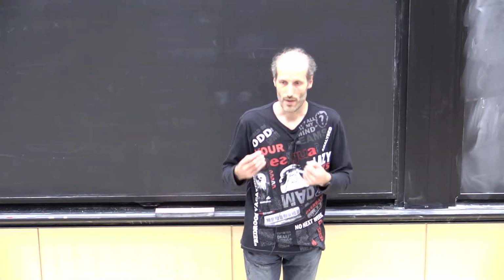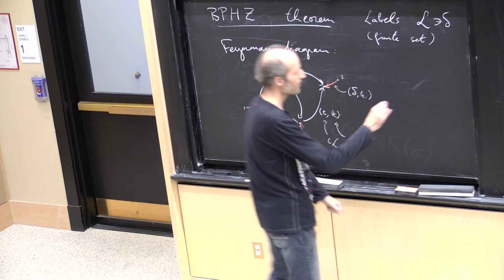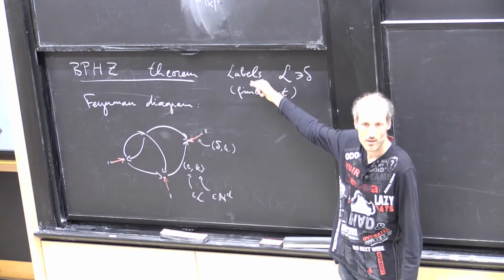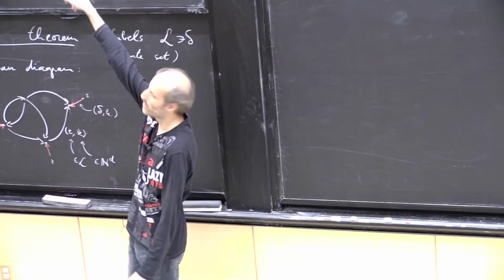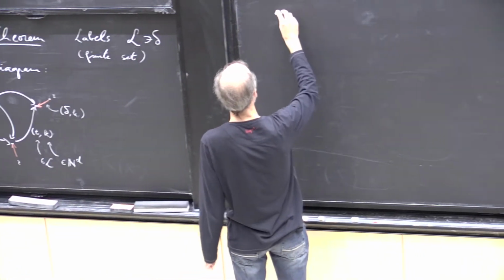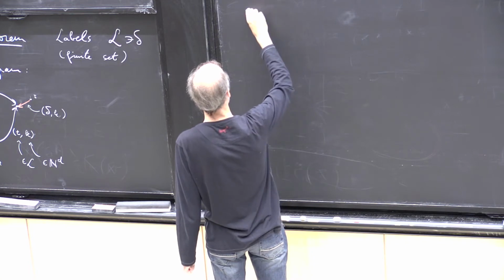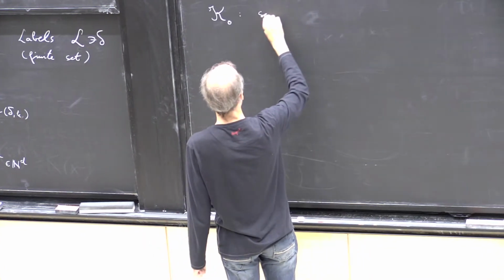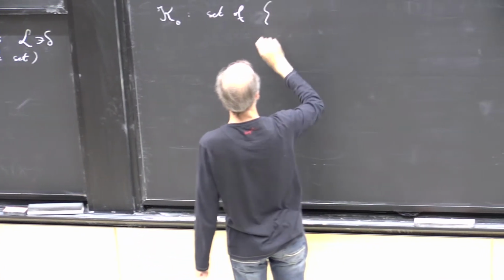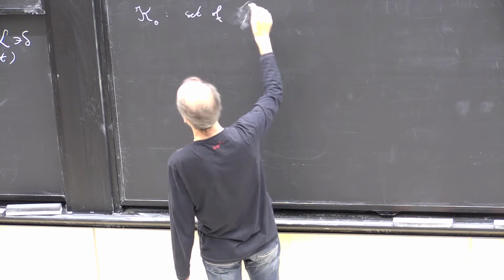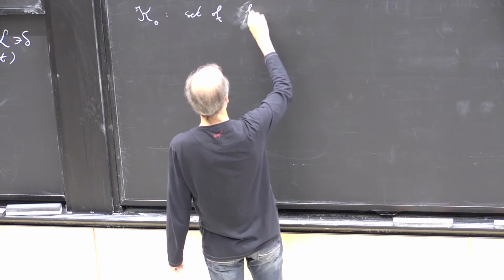But the way you should think of it is the following. For each label, give yourself a kernel. Let me write K_0 as a set of functions.